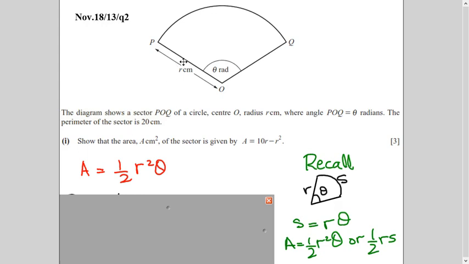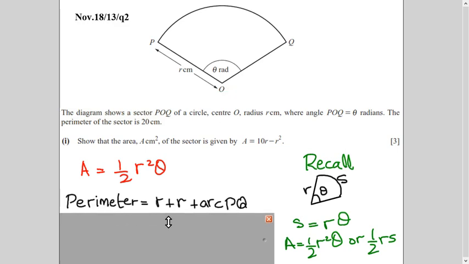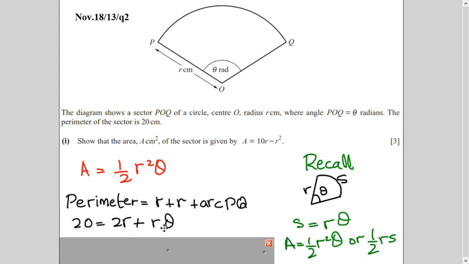So perimeter of a sector is basically OP plus arc PQ plus radius OQ. So your perimeter is equals to r plus r, because this is r and this is r, plus arc length of PQ. Now from this formula, arc length is r theta. So instead of arc length, I can write r theta. Agreed? So now from here, I can make theta a subject and then plug in here to get this.